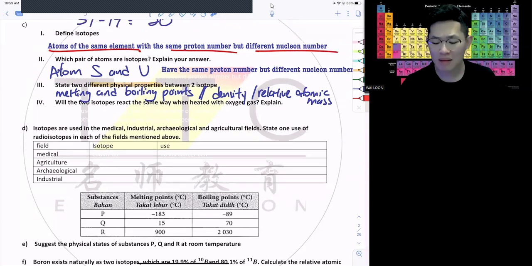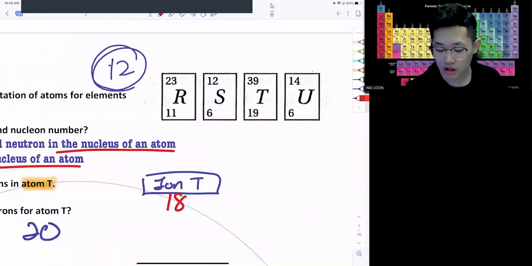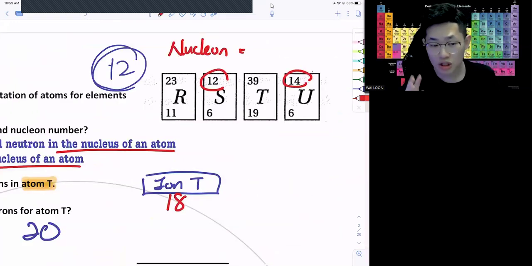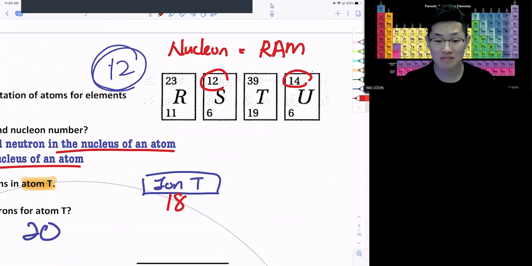Okay, how do I know that their masses are different? Nucleon number is also the relative atomic mass.